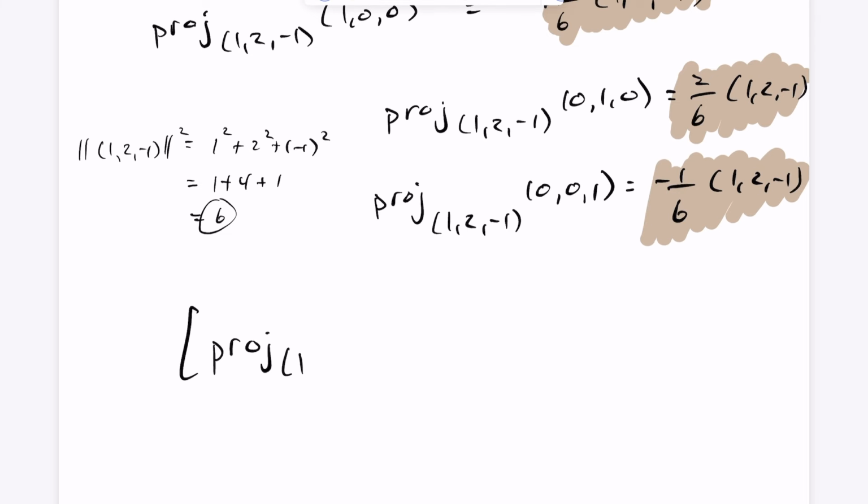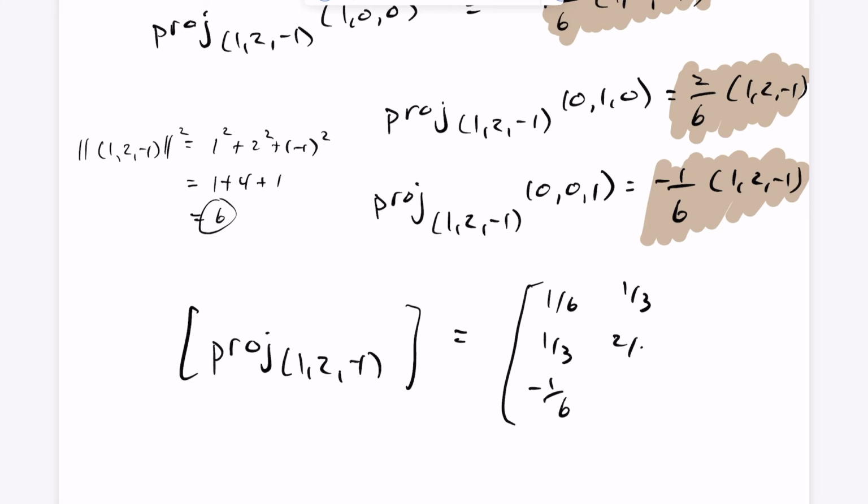Writing your projection matrix, I end up getting here 1/6, 1/3, negative 1/6. Then I get 1/3, 2/3, and negative 1/3. And lastly, I get 1/6, negative 1/3, and 1 over 6 as my projection matrix.